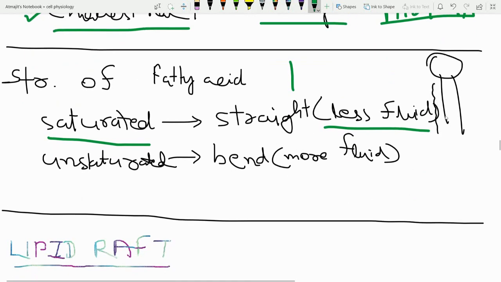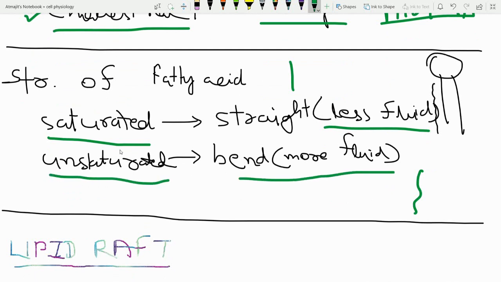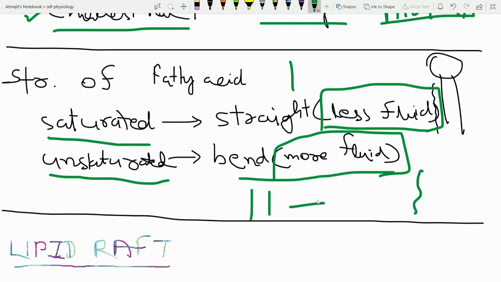If these structures are bent, it means they are unsaturated and more fluid. Just remember, if one has straight legs, then he can move straight. But if one has bent legs, they can move here, there, like this.